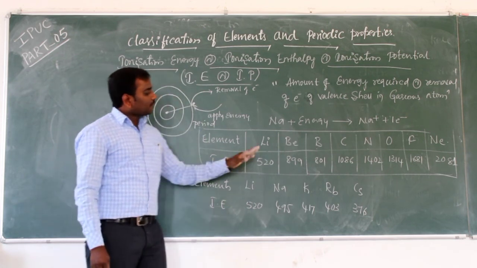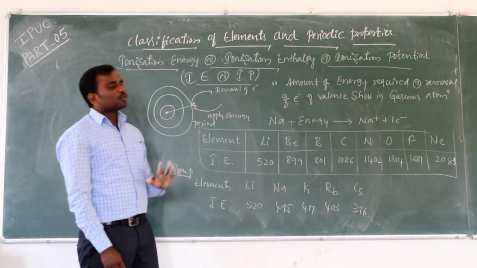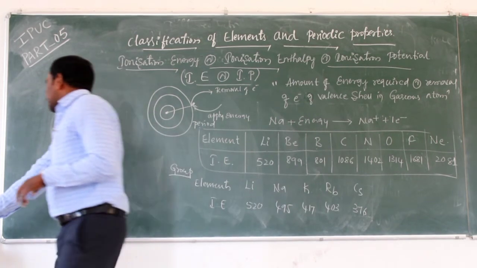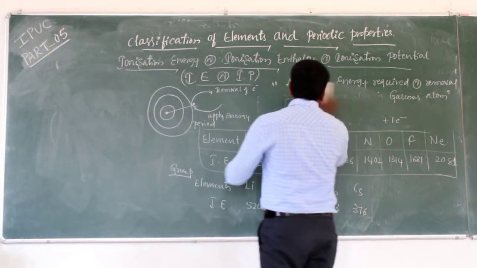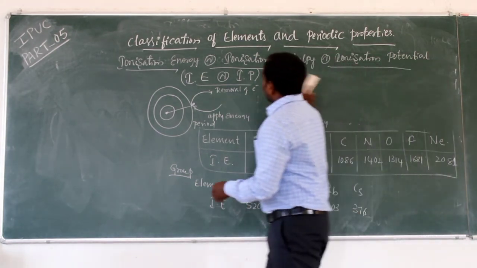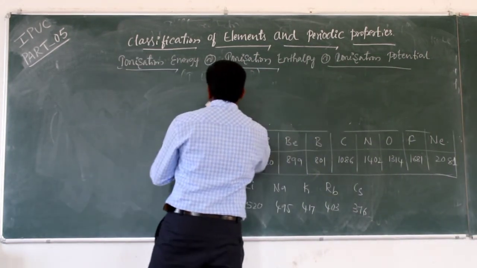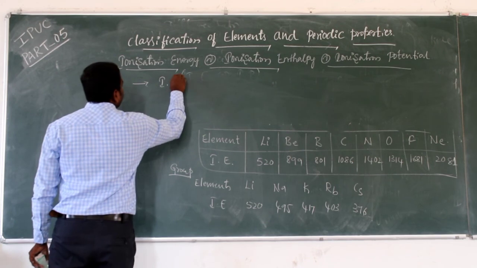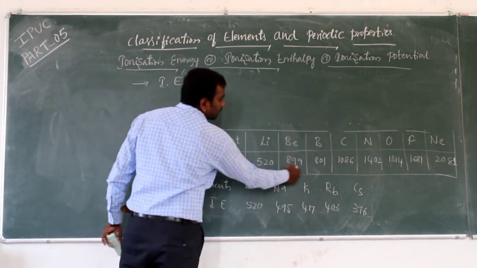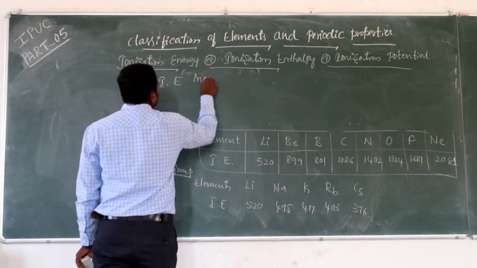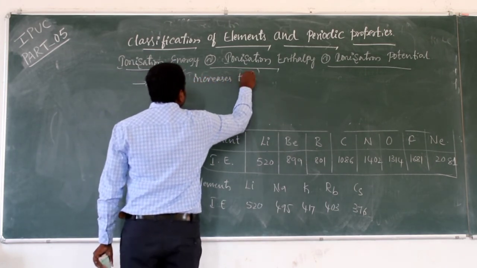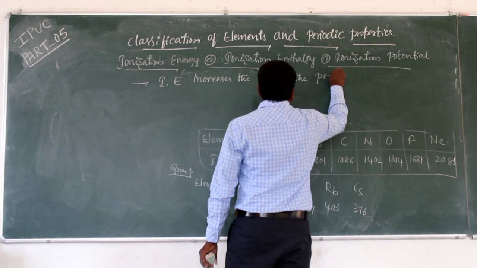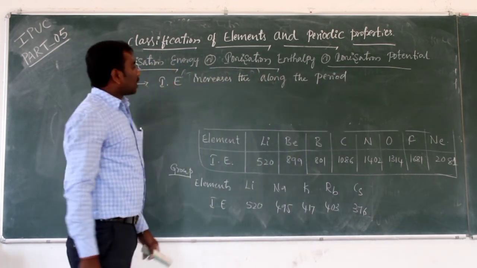See, on the basis of this concept we discussed the conclusion: what happens to ionization enthalpy or ionization energy along the period and down the groups, right? Along the period, it increases.